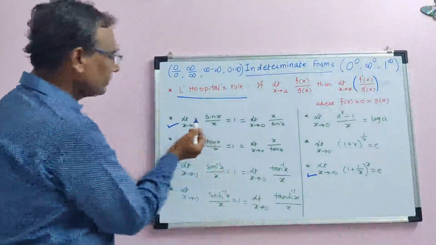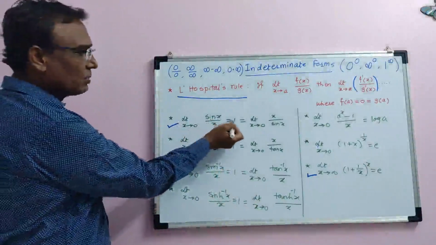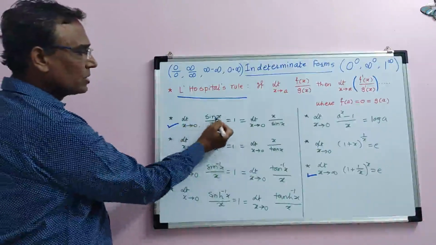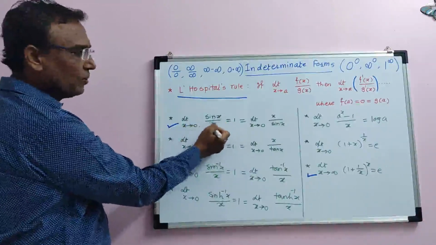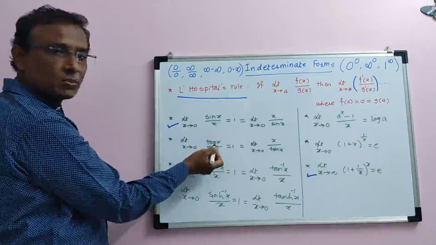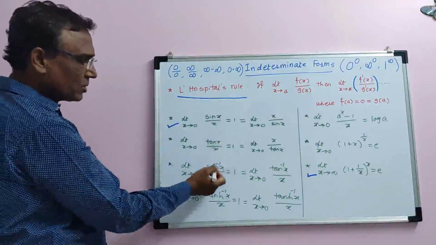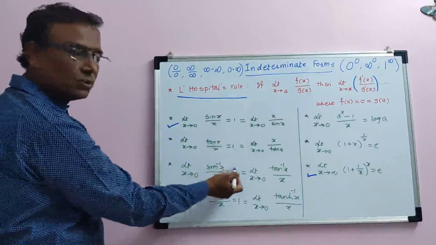For example, limit x tends to 0, sin 2x by 2x is 1. Limit x tends to 0, sin 4x by 4x equals 1. Limit x tends to 0, sin 3x by 3x equals 1, like that. Limit x tends to 0, sin inverse of 2x by 2x equals 1.